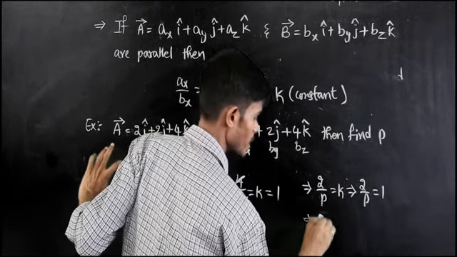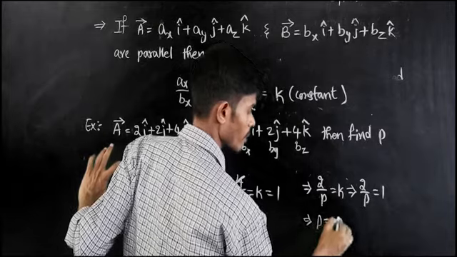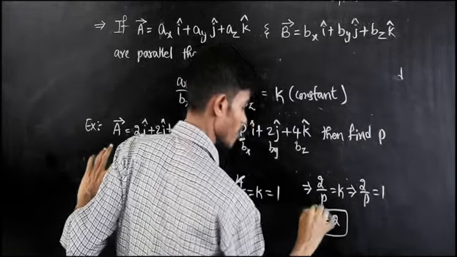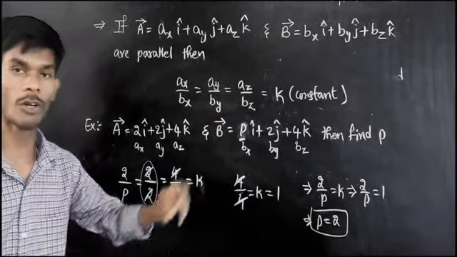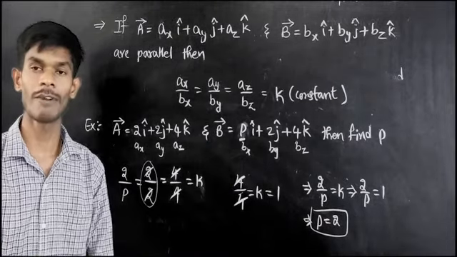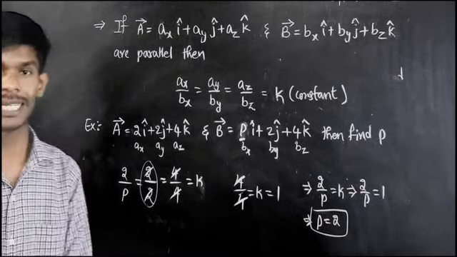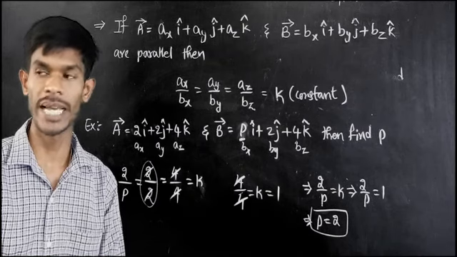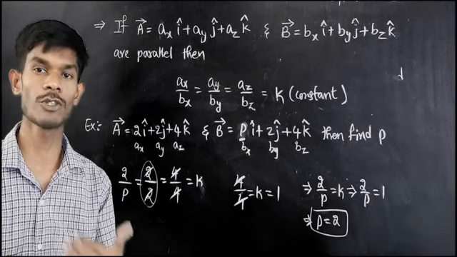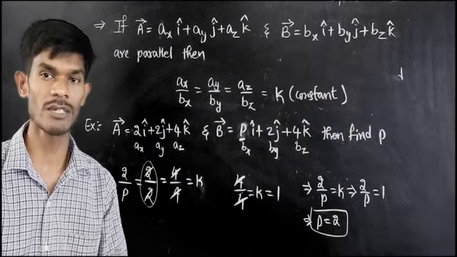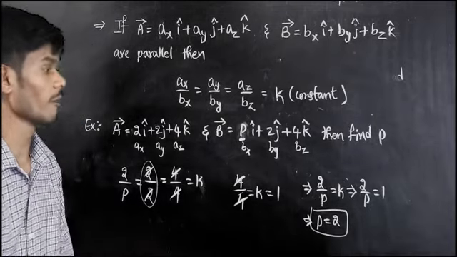Then p is equal to 2. So the value of p is 2. What are parallel vectors? The vectors which have the same direction but the magnitude may be different. Those vectors we call parallel vectors.